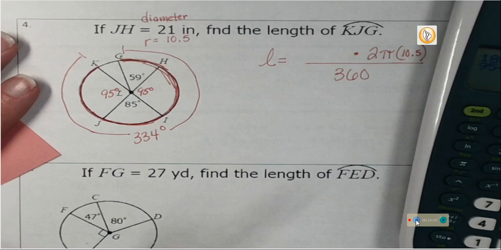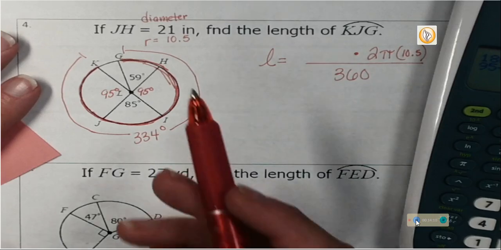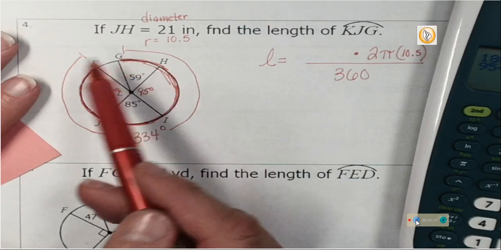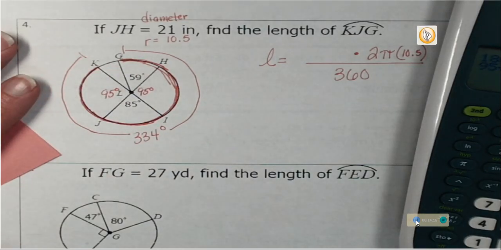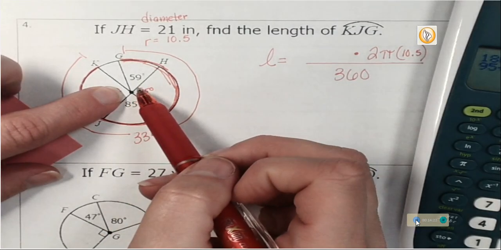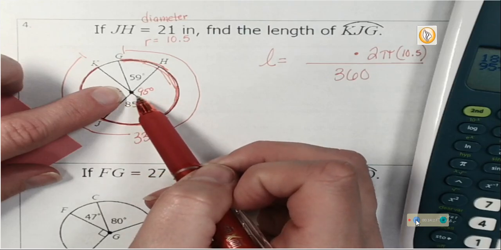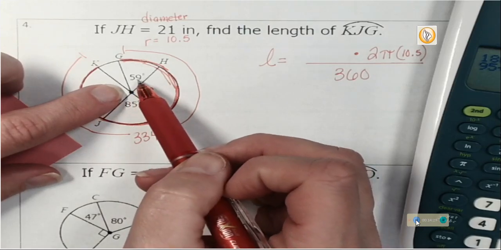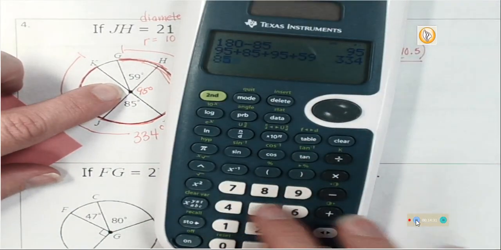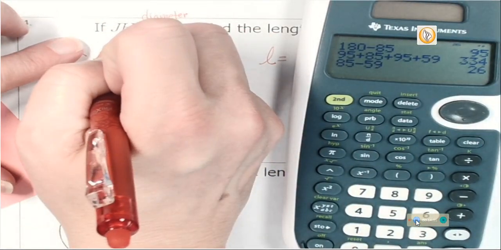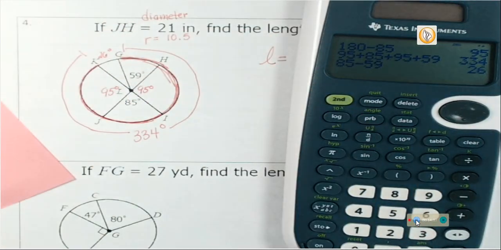There was another way you could have done this. If you don't need KG, if you know what that is and you want to take it out, what operation do you use? You would subtract. I recognized that those were vertical angles, so 85 minus 59 left me with 26 degrees that I wasn't going to use.